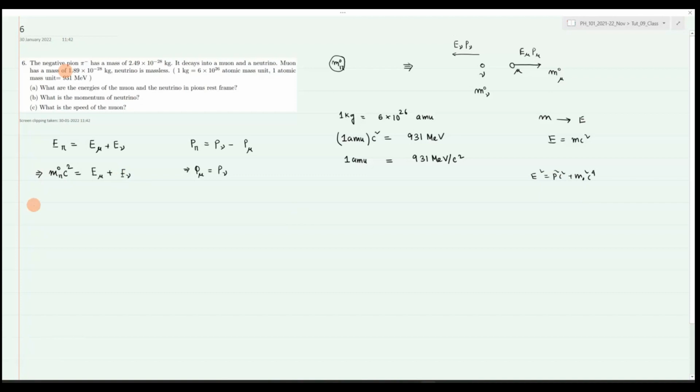So we want to finally write E mu square minus P mu square c square, which from this formula should give us M0 mu square c power 4, right? Now you substitute E mu is equal to M0 pi c square minus E nu, whole square, minus P nu square c square.